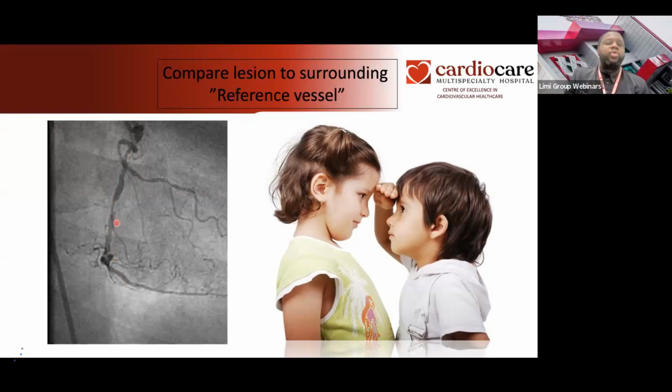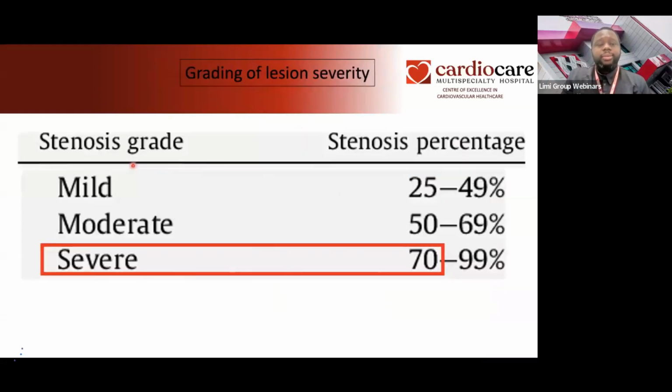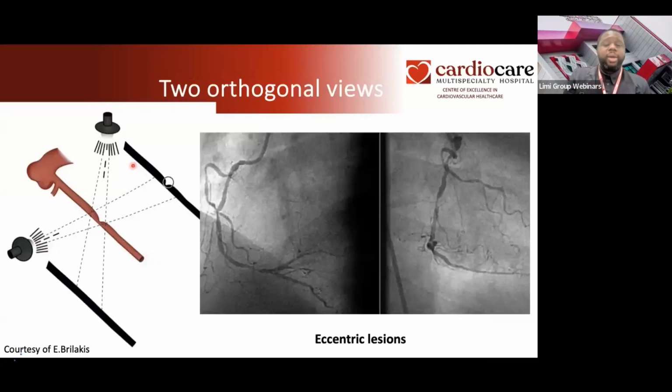Or we do an intravascular ultrasound in addition to that, or an optical coherence tomography internally. We pass a wire in and use an ultrasound inside the coronary vessel. Extremely expensive. I'm not sure there's any center in Nigeria that is doing it routinely or at all currently. Then we are able to determine mild, moderate, or severe stenosis.